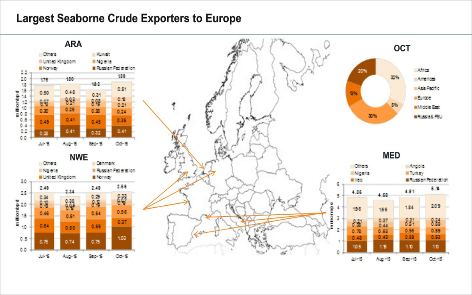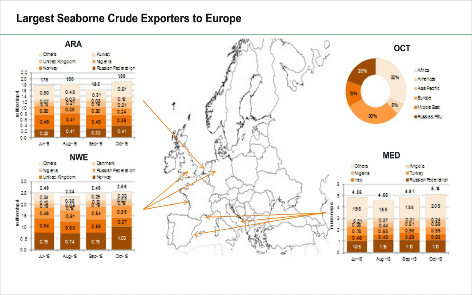Northwest Europe, unsurprisingly, still overwhelmingly favors North Sea and Russian crudes. As with the ARA, the region increased intakes of Nigerian grades during the summer, as well as some opportunistic buying of OPEC grades from Algeria, Venezuela and Saudi, as refiners look to adjust their crude slates to incorporate reduced spot cargoes.